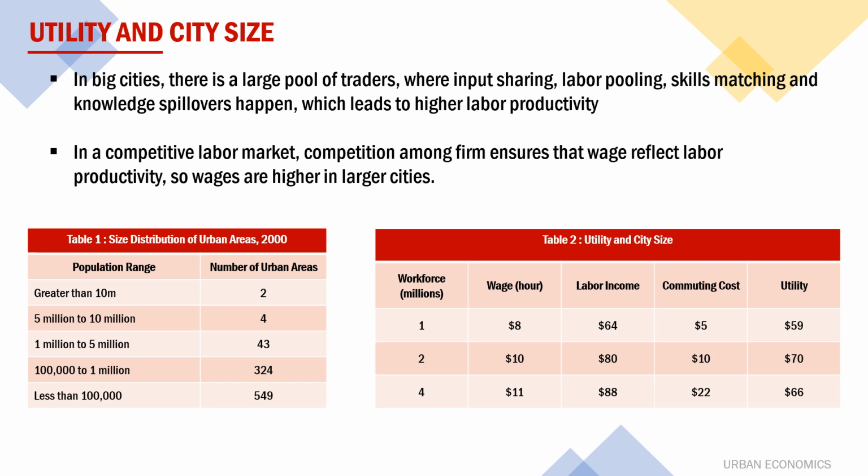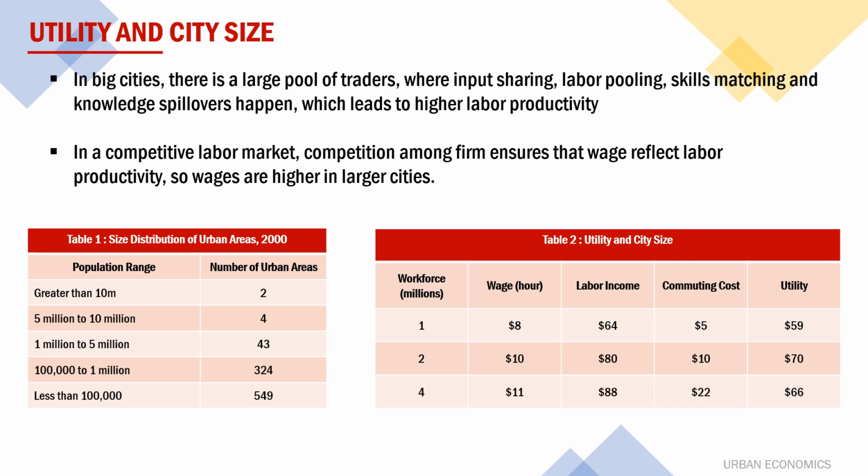The last column shows the utility level of the typical worker. In this topic we define utility as income minus the value of leisure time lost from commuting, and we also assume that each person works an 8-hour day, so income is 8 times the wage.